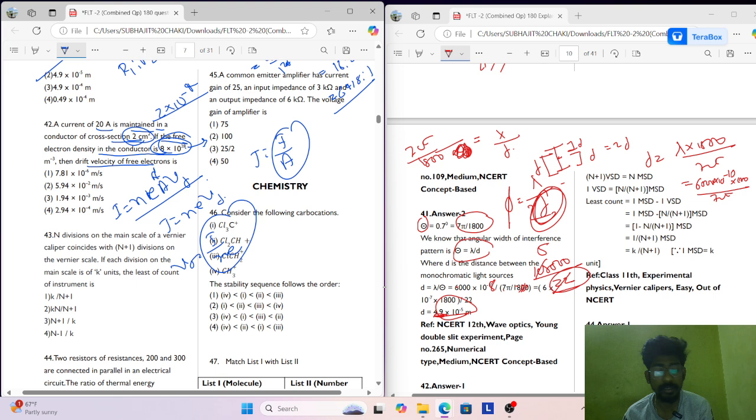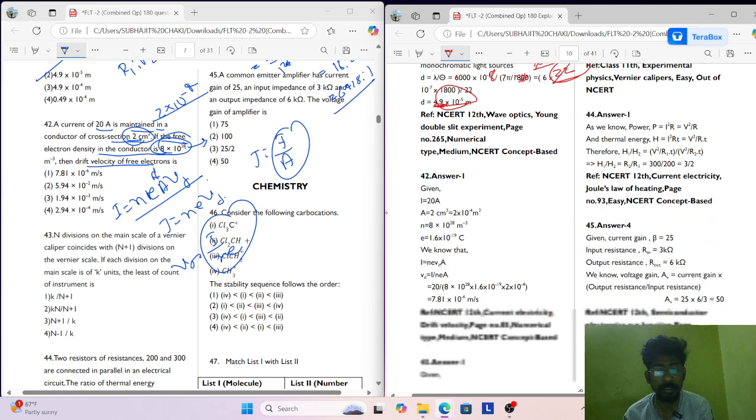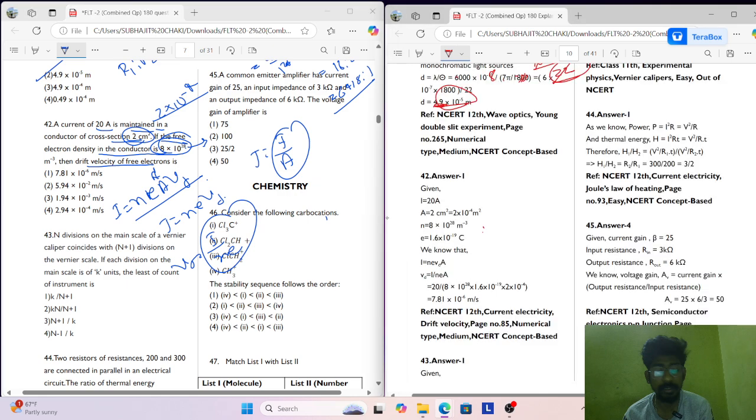The current is maintained as 20. N equals 10 to the power 28.